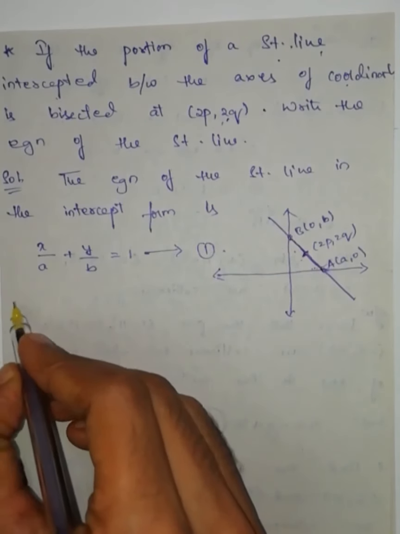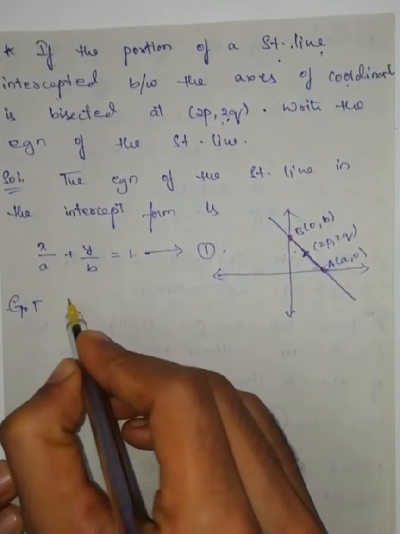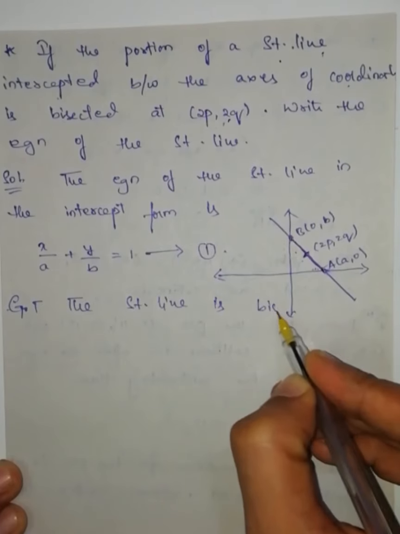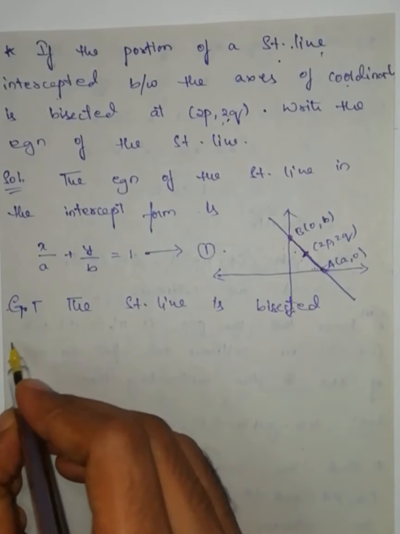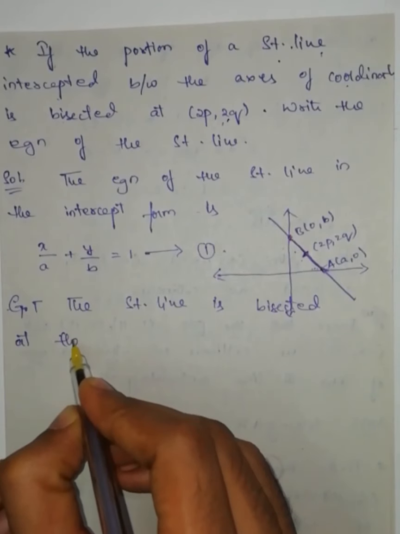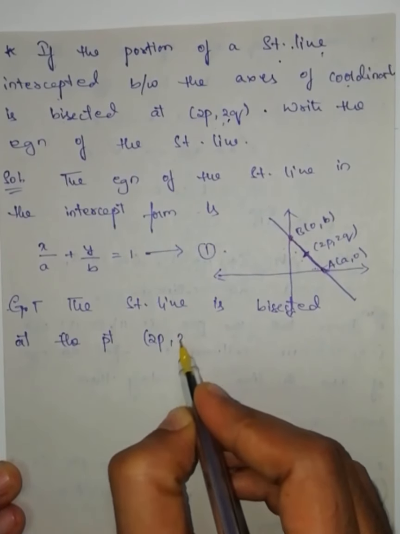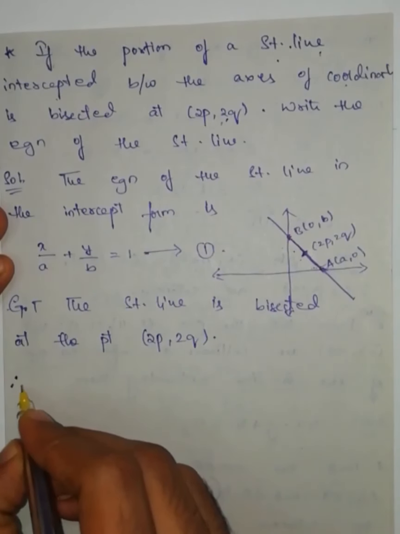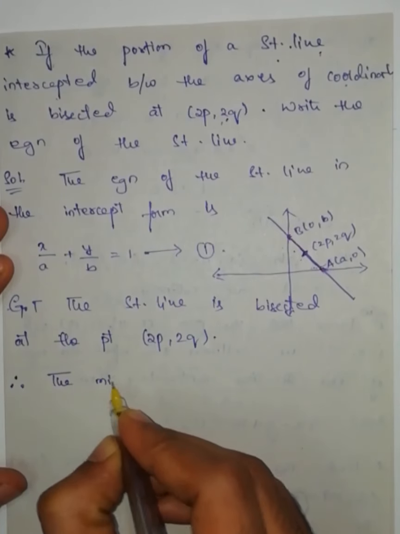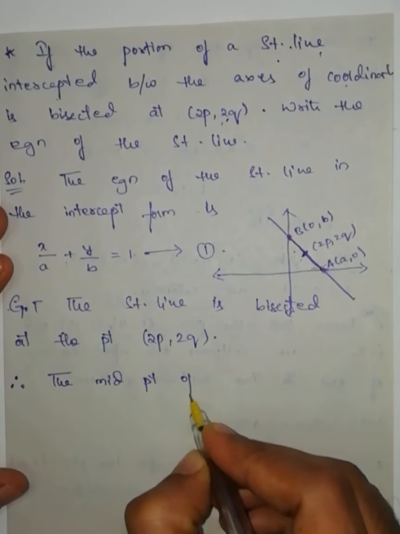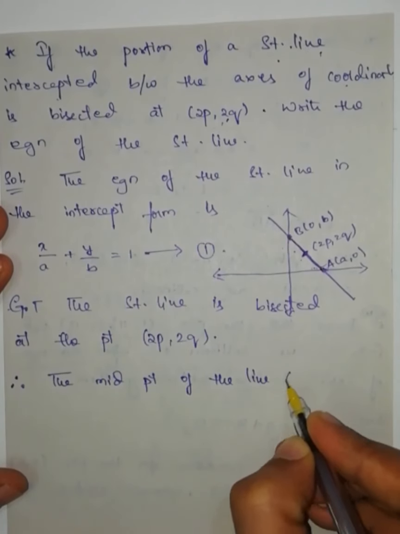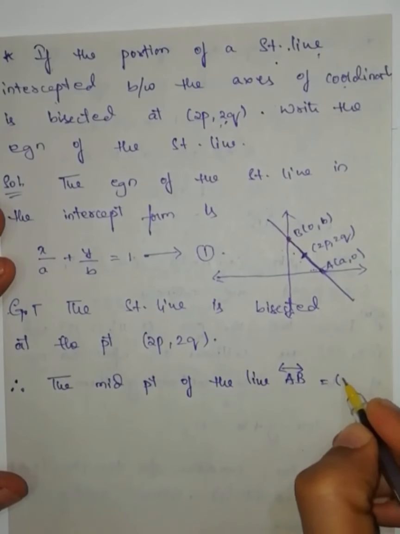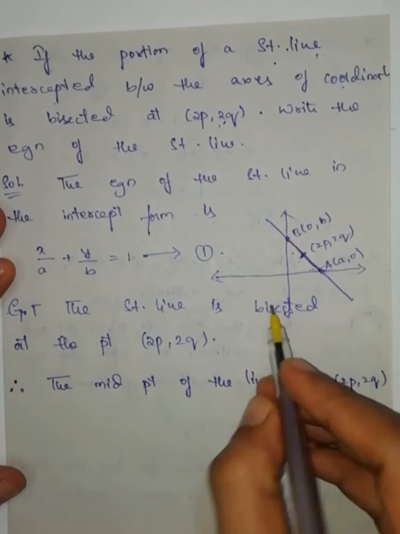So what is the given? Therefore, given that the straight line is bisected at the point 2p comma 2q, the midpoint of the line AB is equal to 2p comma 2q, because it is bisected.